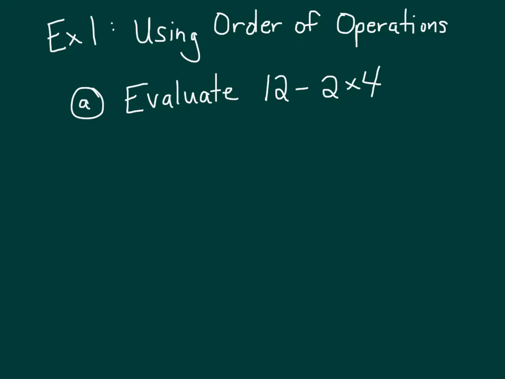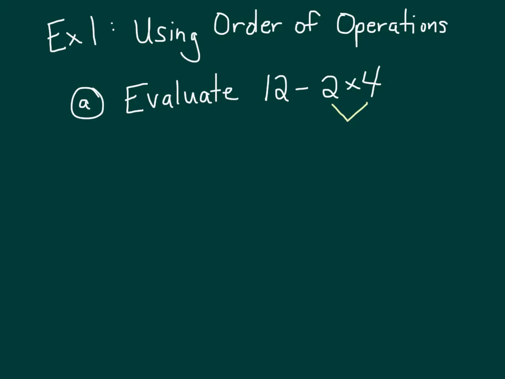For example 1, using order of operations, we have letter A that says evaluate 12 minus 2 times 4. In this case, we don't have any parentheses, we don't have any exponents, but we do have multiplication. So we have to make sure that we tackle this part first.